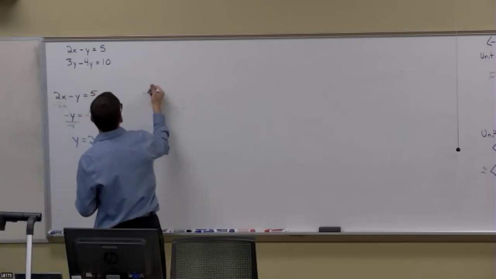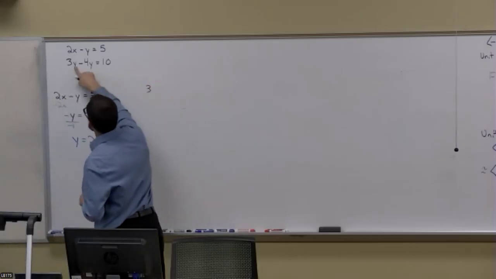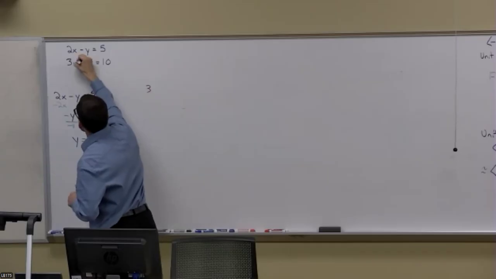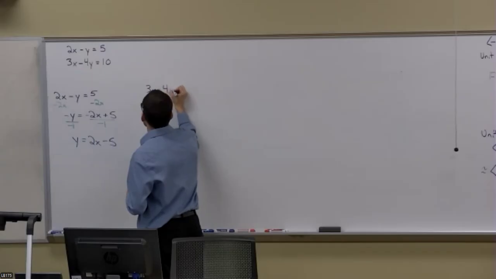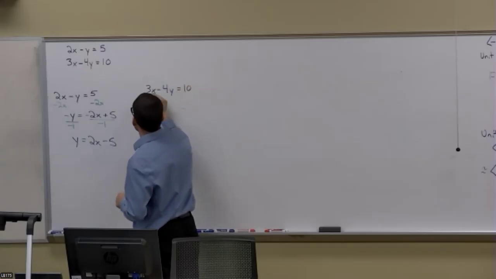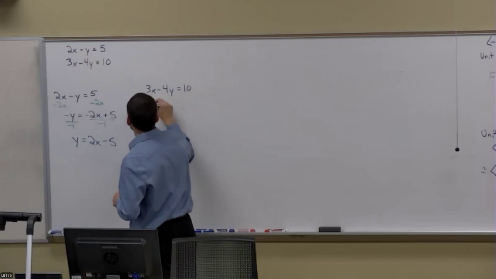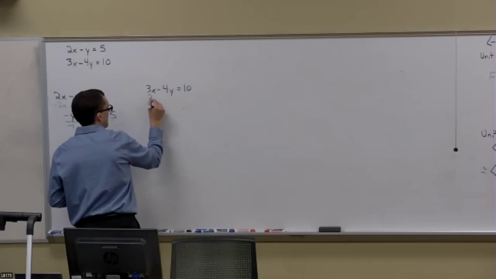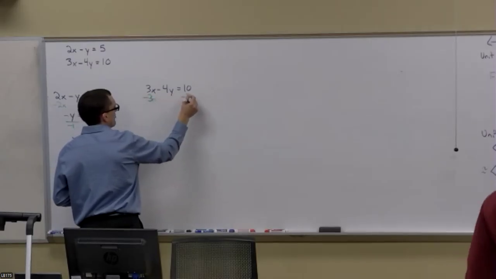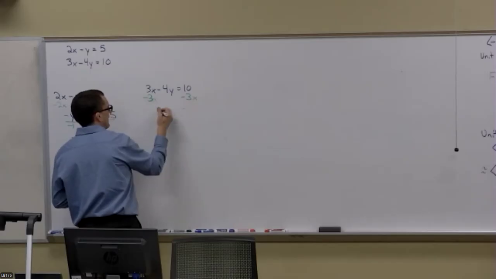On the other one, oh, that was 3x minus 4y, excuse me. 3x minus 4y equals 10. I'm going to do the exact same process, but different numbers. So subtract 3x from both sides, and then divide by negative 4.